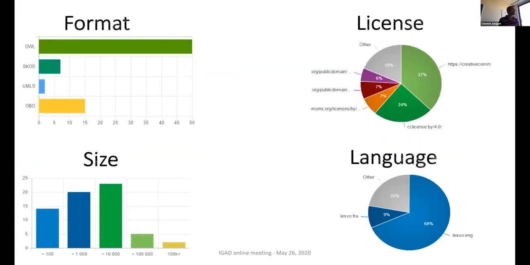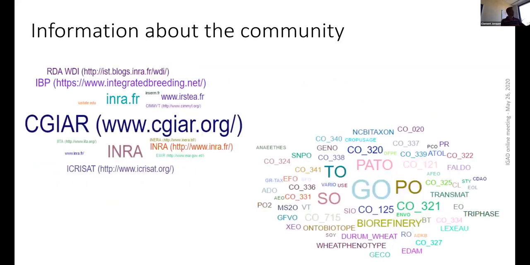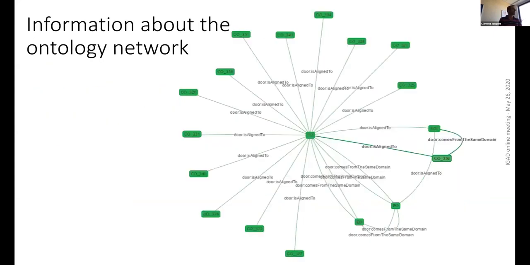So if I give a few examples, you'll see, for example, what are the most frequent licenses or languages of terms used, and what are the most frequent sizes of ontologies. You can also see here information about the community. Those tag clouds are generated by the system on the fly.